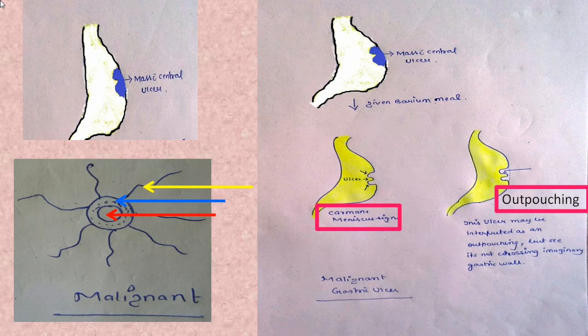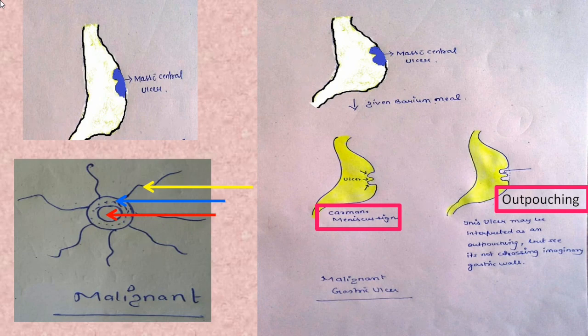Okay, see there is the outpouching after giving barium meal, but it is not projecting beyond the gastric contour. Okay, and we can also appreciate the Karman meniscus sign. Now what is Karman meniscus sign? See, a relatively shallow gastric ulcerating malignancy projecting as an ulcer which is always convex inwards to the lumen and which doesn't project beyond the wall.